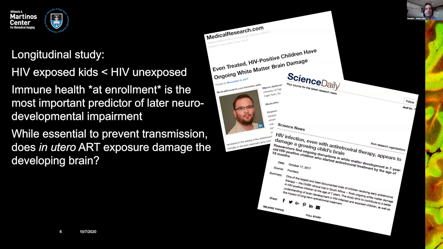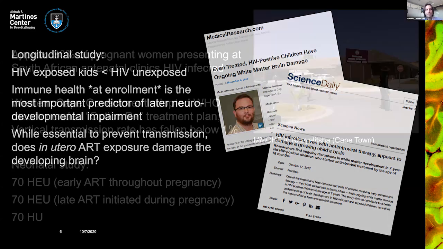And immune health at enrollment is the most important predictor of later neurodevelopmental impairment. In other words, immune health at the neonatal time point. So of course, while ART is essential to prevent transmission, the question arises, does in utero ART exposure damage the developing brain?